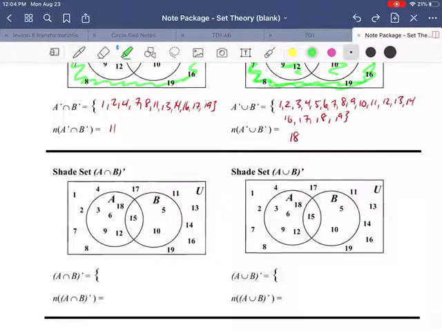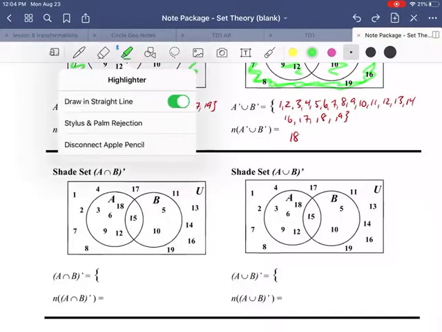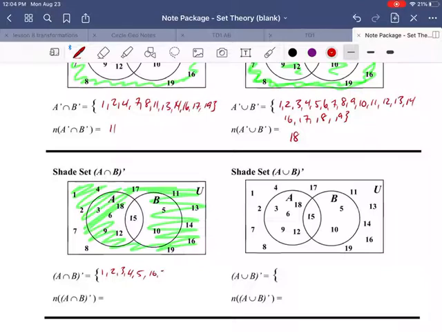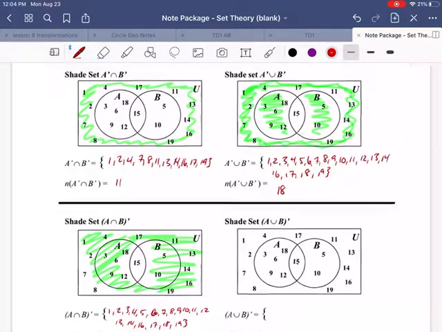The complement of it is going to be everything that isn't 15. And here we go again. 1, 2, 3, 4, 6, 7, 9, 10, 11, 12. Skip 15, get 16, 17, 18, and 19. So there are 18 elements. Hey, that looks pretty familiar to our last one here.